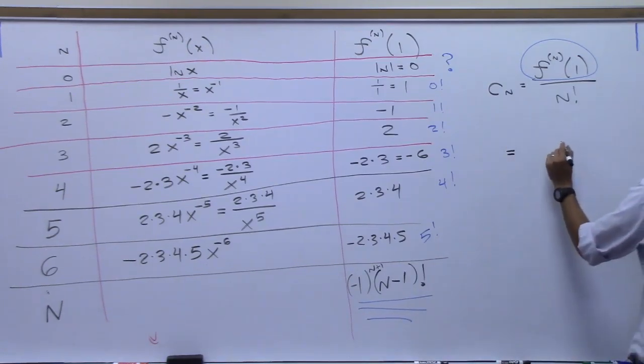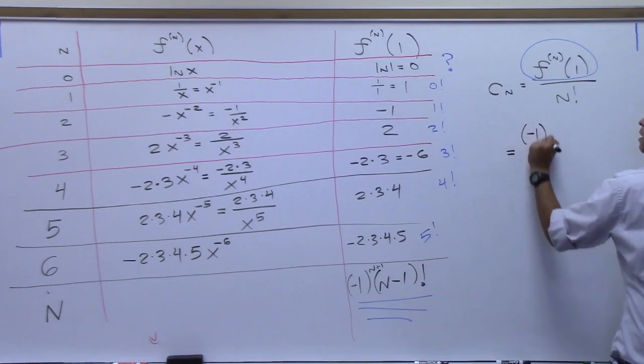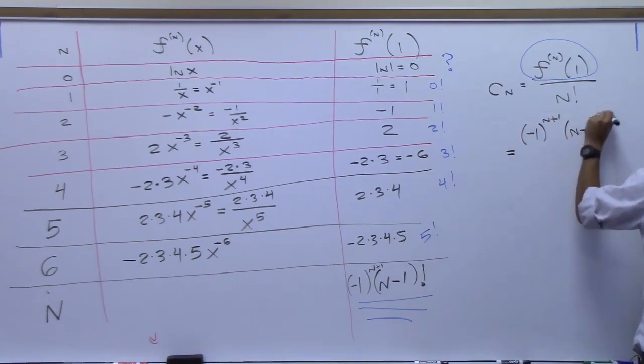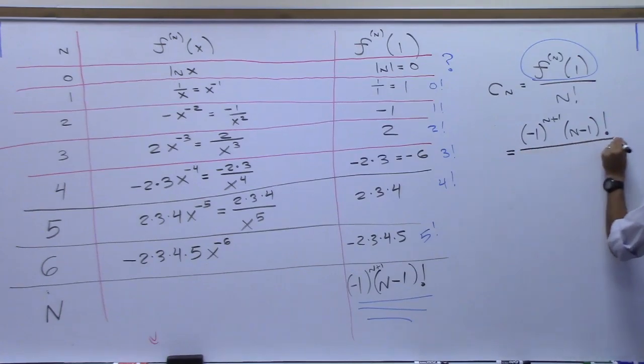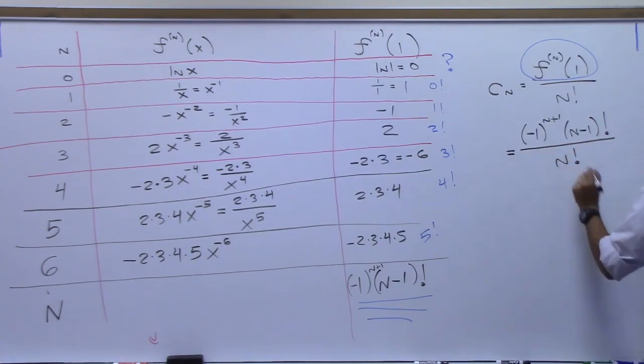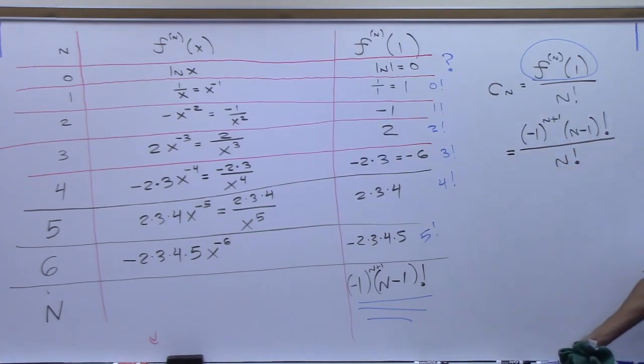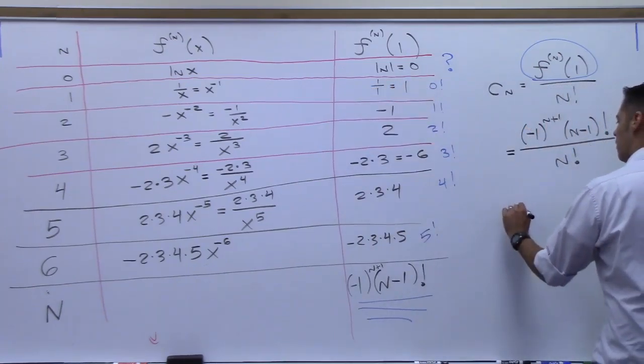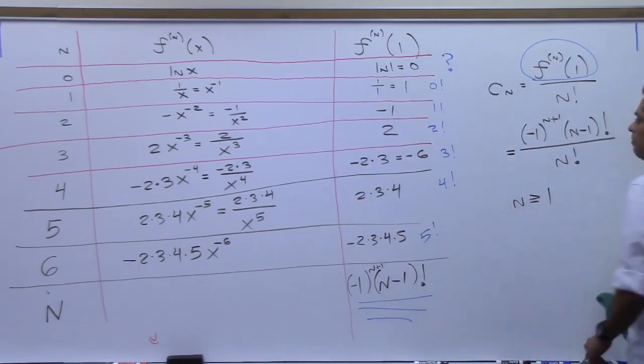It should be negative 1 to the n plus 1, n minus 1 factorial over n factorial. Yes? That should work. But that only works when n is what? Starts at 1. 1 and on. For n greater than or equal to 1. That's the only way that that formula works.